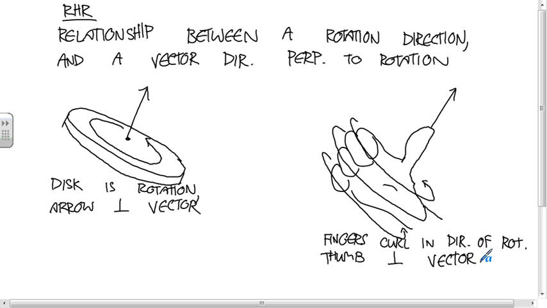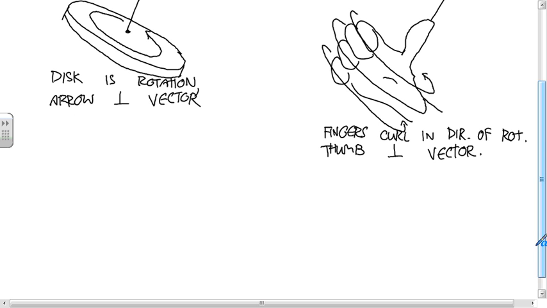And it turns out, how often would you need to have a relationship between a rotation and a perpendicular vector? It turns out all the time in physics and math. It comes up a ton. So it's super important in physics and math.